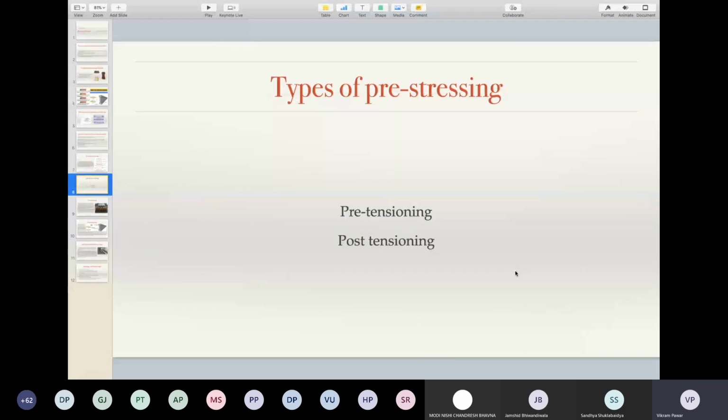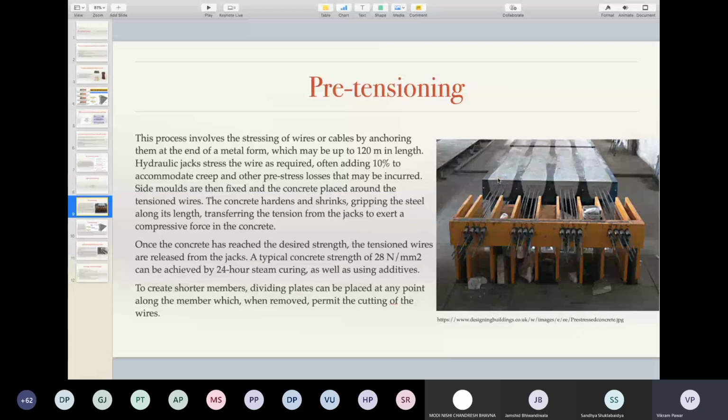What is pre-tensioning? Now, if you look at the figure on the right, you have these concrete members. There is a cast which is made. You can very well see that the profile need not be rectangular because it is in the yard. So these casts, these molds, are used repeatedly.